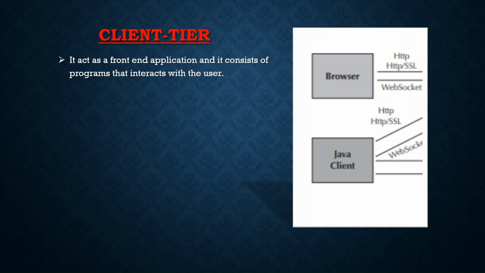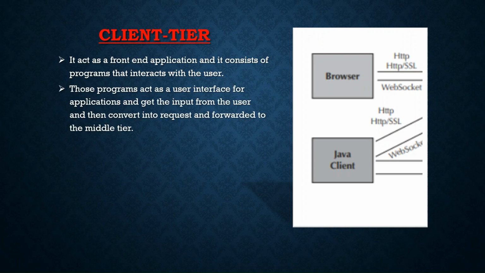Client acts as a front-end application and it consists of programs that interact with the user. Those programs act as a user interface for applications, get the input from the user, and then convert it into a request and forward it to the middle tier.